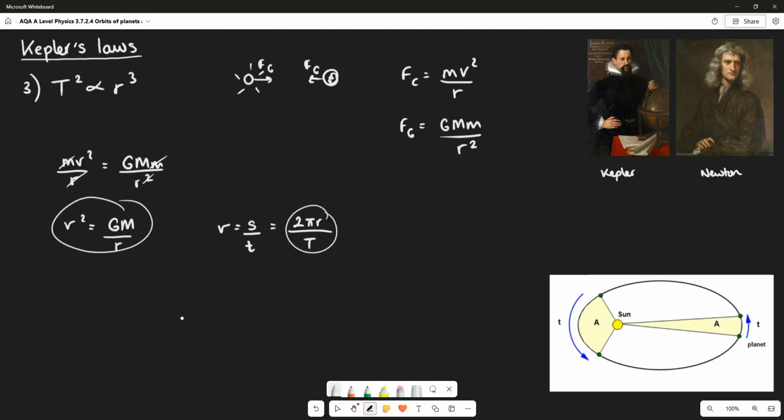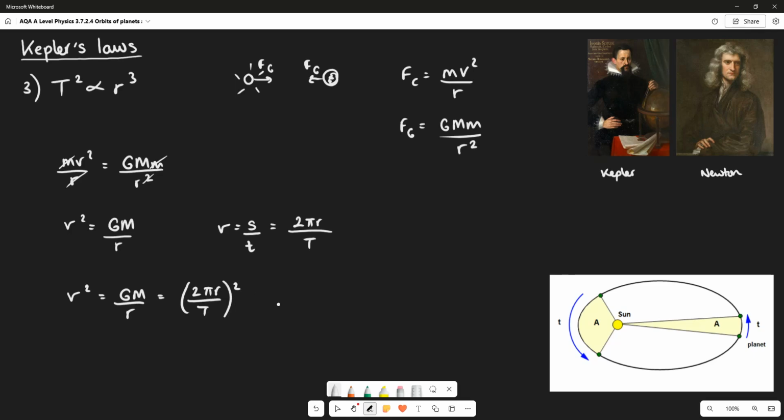And we can now connect these equations together, and then rearrange this section for T squared.